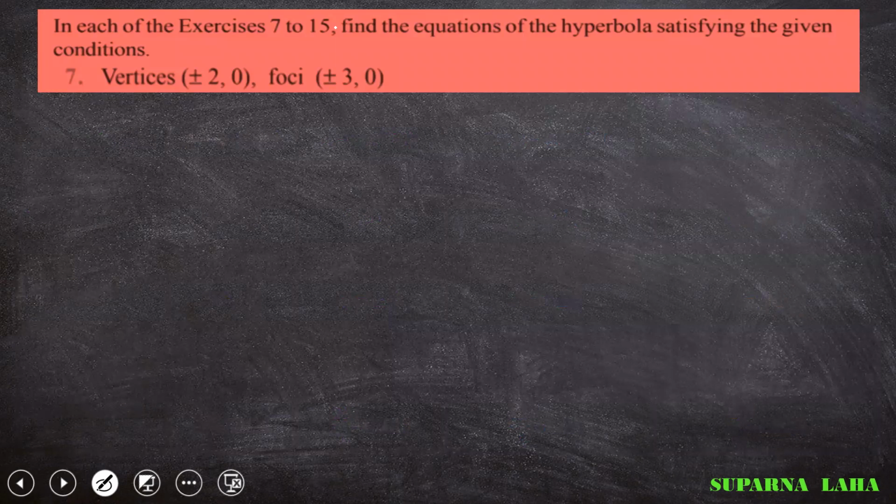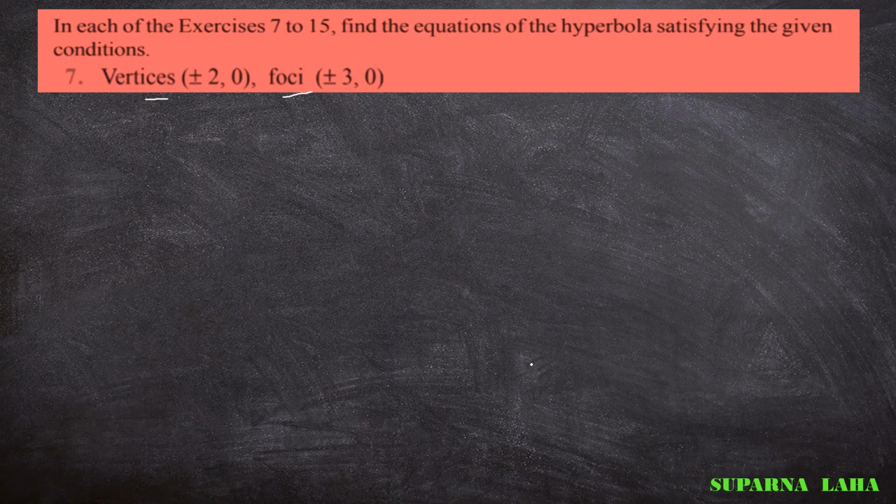Question number 7: you need to find the equation of the hyperbola where the vertices and the foci are given. Look at the coordinates: plus minus 2 comma 0 and plus minus 3 comma 0. So the points are on the x-axis, right?